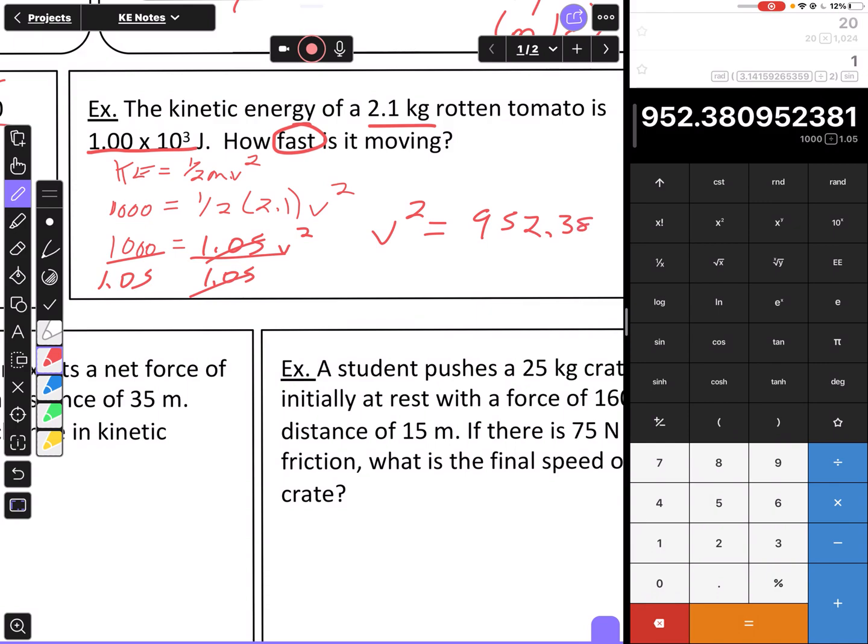And then to get rid of the square, I need to square root both sides. And my velocity is going to equal 30.9 if I go to one decimal place. And velocity is in meters per second.